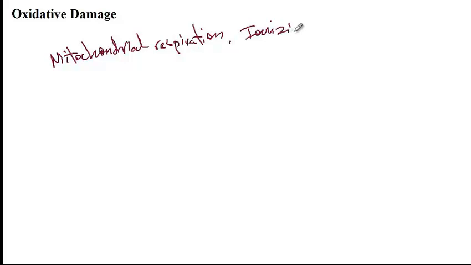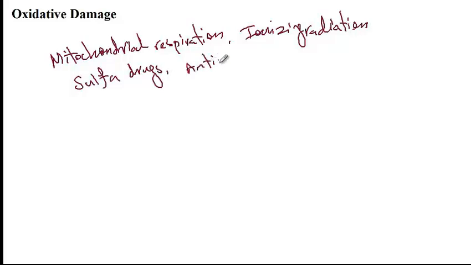Now is a good opportunity to go over oxidative damage since we are on the topic. So let me first describe for you how oxidative damage can be initiated. Conditions like, for instance, mitochondrial respiration, ionizing radiation, or certain drugs like sulfa drugs or anti-malarial drugs can convert O2 into the superoxide radical, O2 negative.